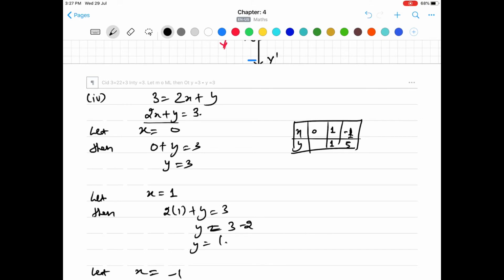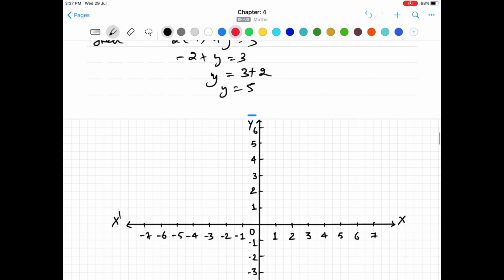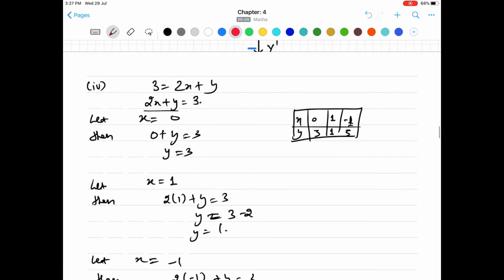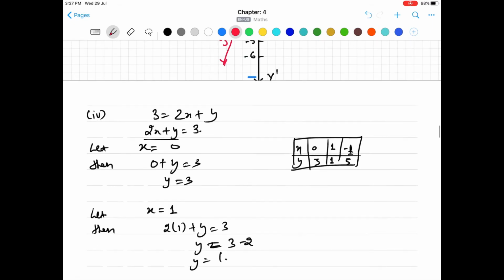This is 3. So when x is 0, y is 3. X is 0 and y will be 3 here. Next is x 1, y 1. x 1 and y 1 will be here.